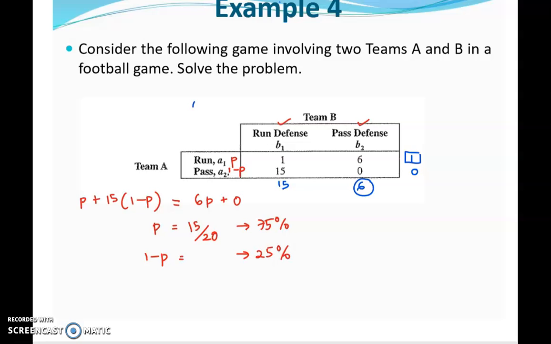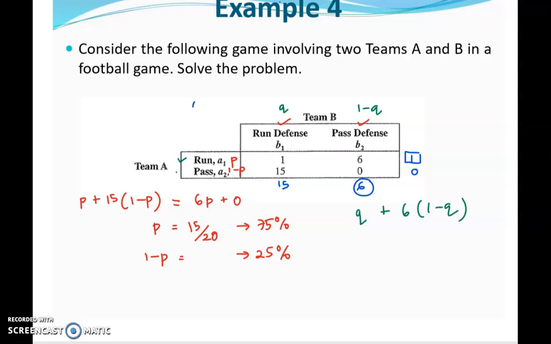Now for team B. They will assume that team A chooses the first strategy. Before that, I just put Q and 1 minus Q. So the expected loss, if team A chooses the first strategy, will be 1 times Q plus 6 times 1 minus Q.